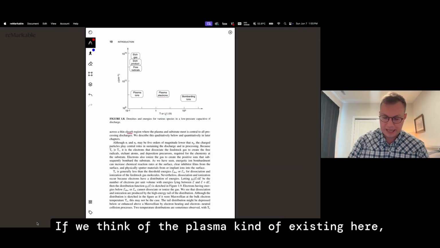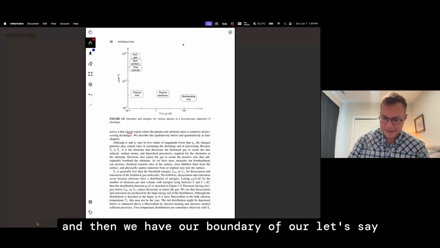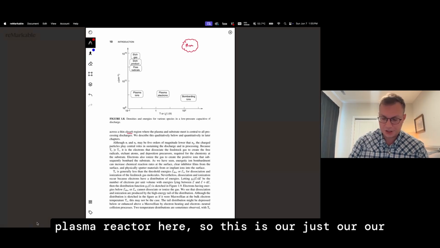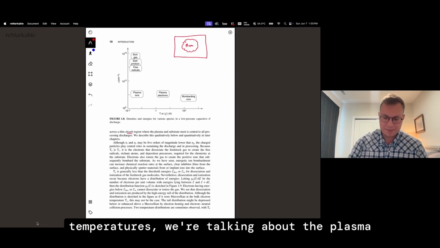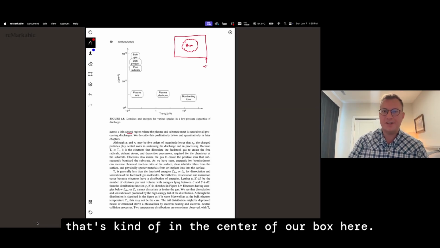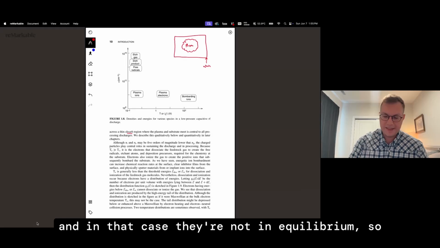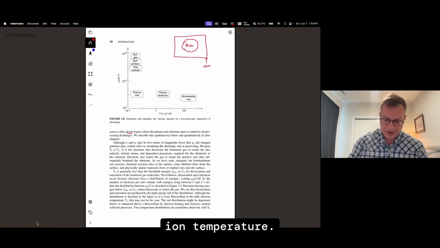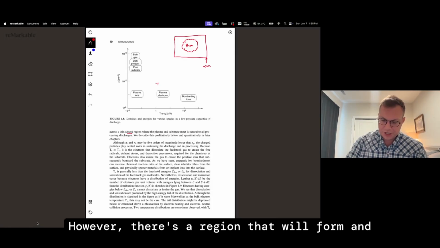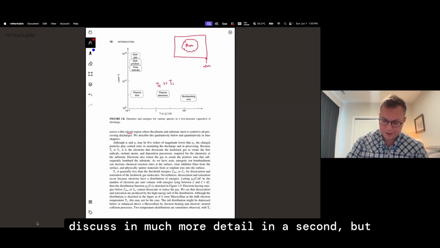But if we think of the plasma existing here, and then we have our boundary of, let's say, the plasma reactor, so this is just our wall. When we're talking about the plasma and electron temperatures, we're talking about the plasma in the center of our box here. And in that case, they're not in equilibrium, so the electron temperature is much larger than the ion temperature.